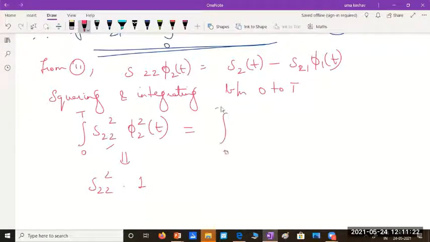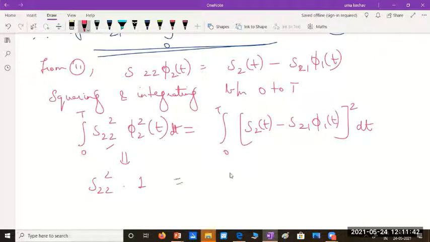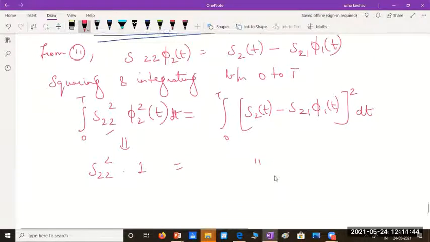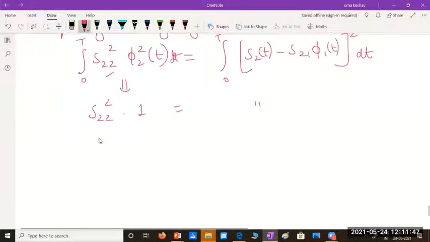What will I get? Integral 0 to t of S2 of t minus S21 phi 1, whole square, dt. I'm forgetting to write dt. Correct? This is the same as the left side. So how do I find S22 then? Here I'm getting S22 square on the left hand side. We are interested in the value of S22.